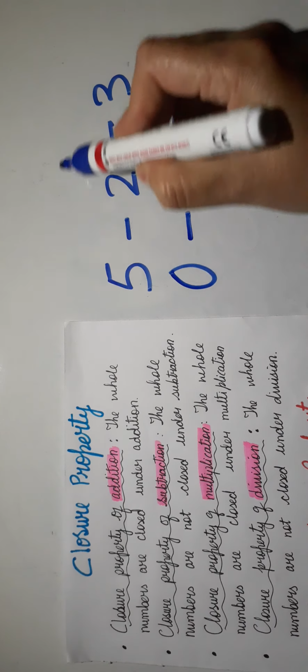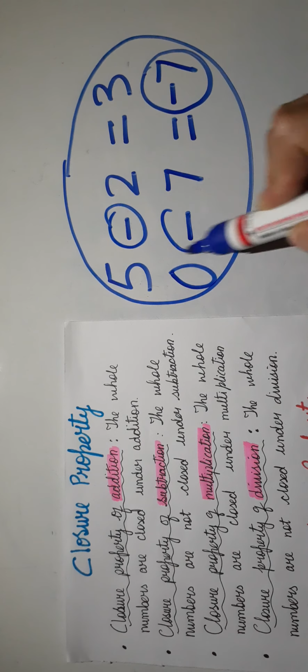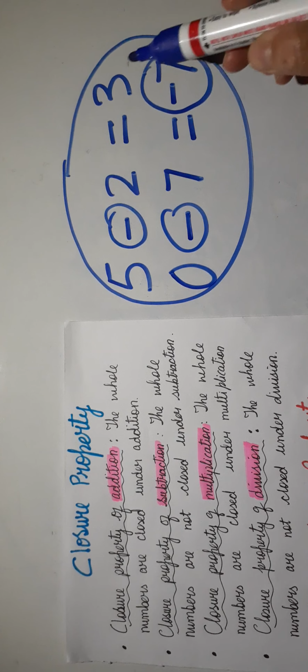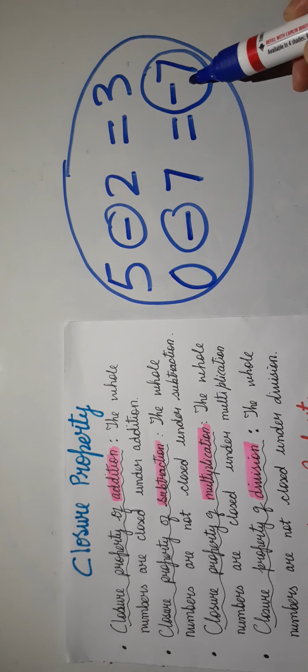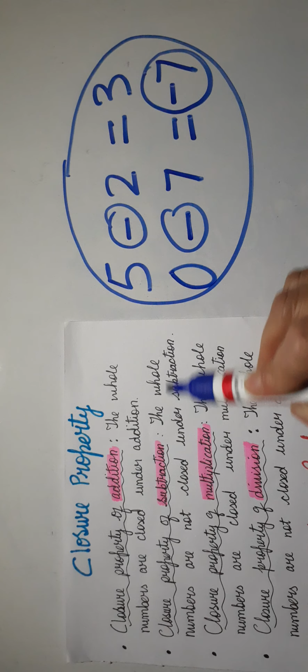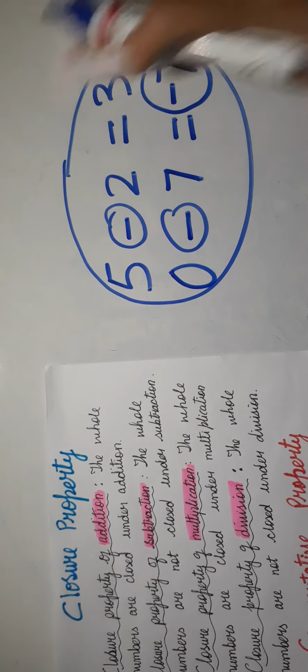So this indicates that subtraction of whole numbers is not always a whole number. Sometimes, like here, minus 7 is not a whole number.